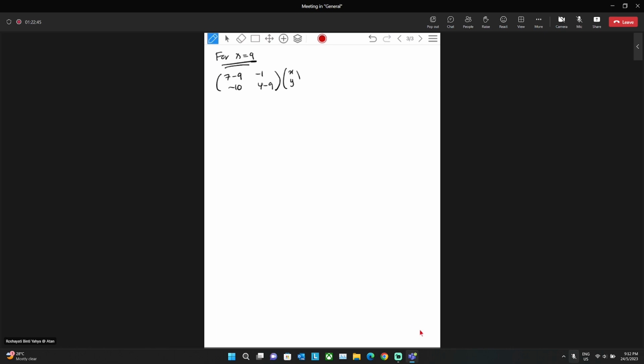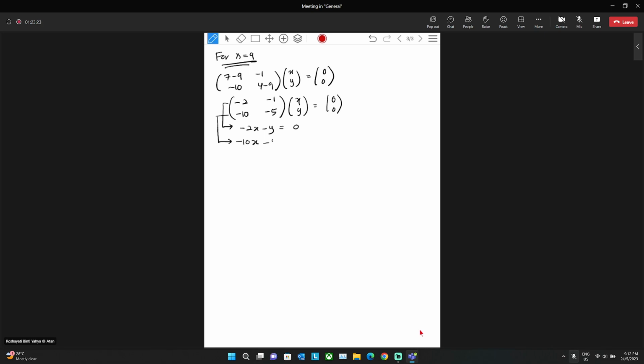So you will get -2, minus 1, minus 10, minus 5, x, y equal to 0. So if we choose from the first one here, this becomes minus 2x minus y equal to 0. So for the second one here, minus 10x minus 5y equal to 0.